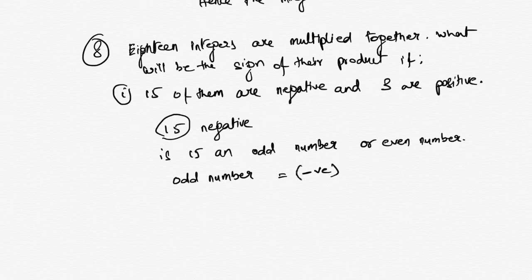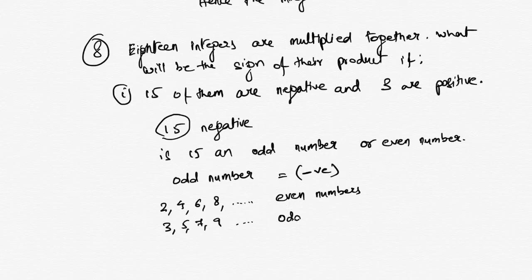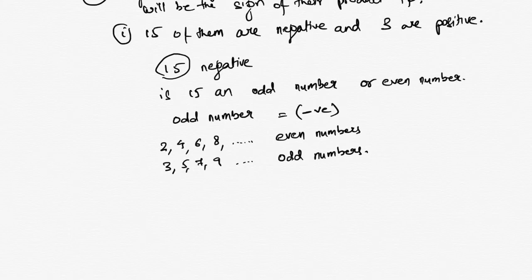Now I'm going to clearly say: 2, 4, 6, 8, all these are even numbers. Okay, 3, 5, 7, 9, all these are odd numbers. Always remember this.